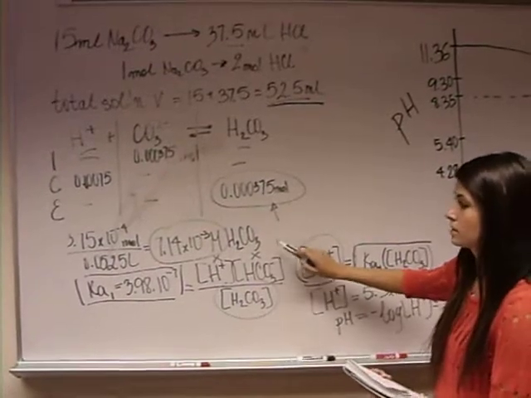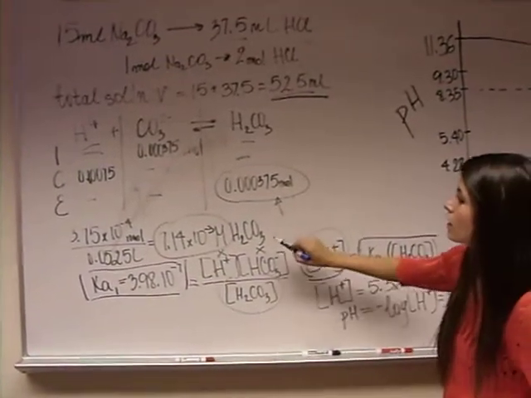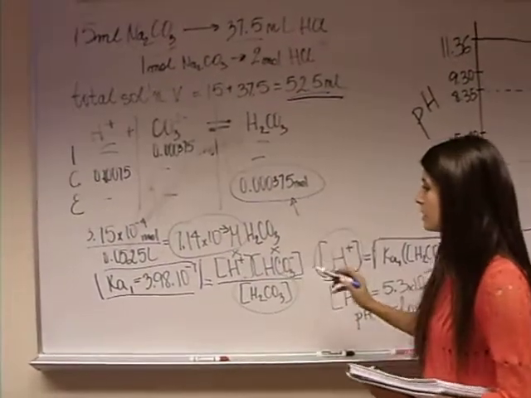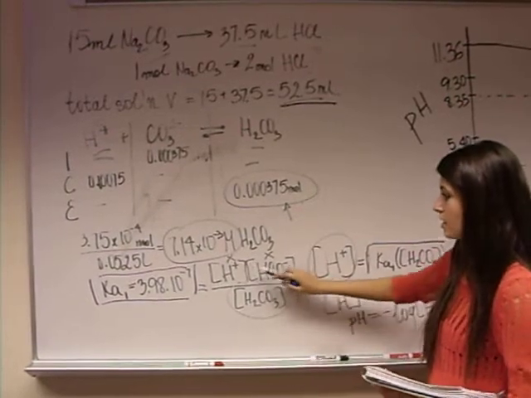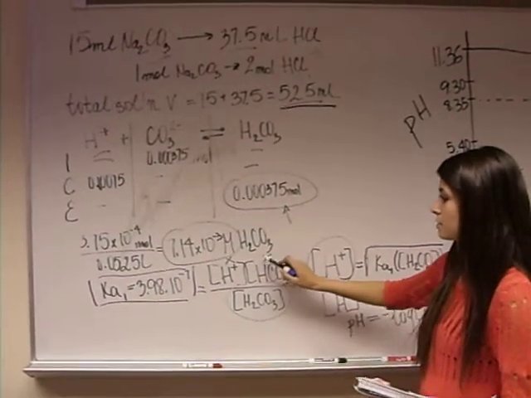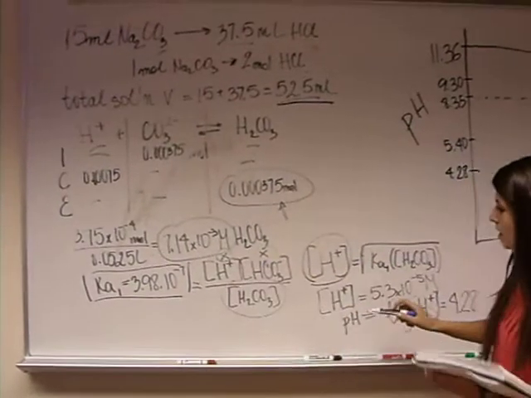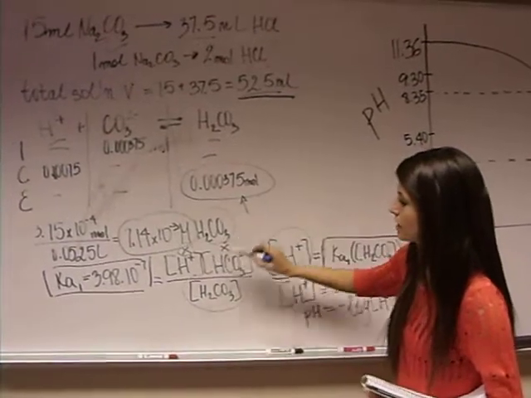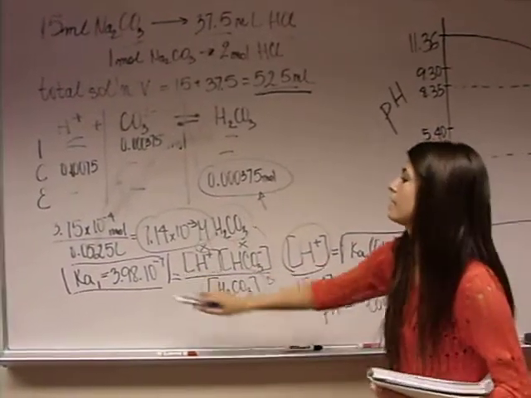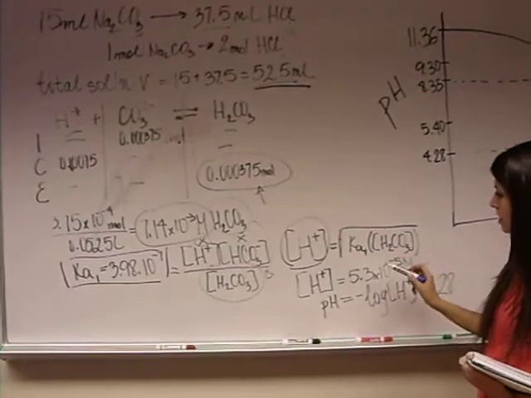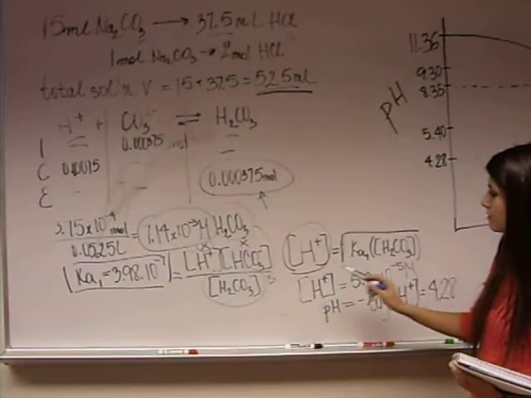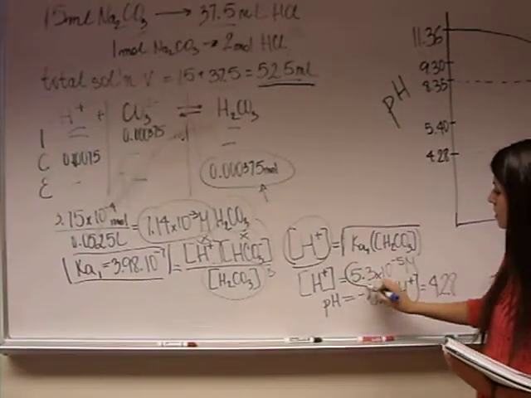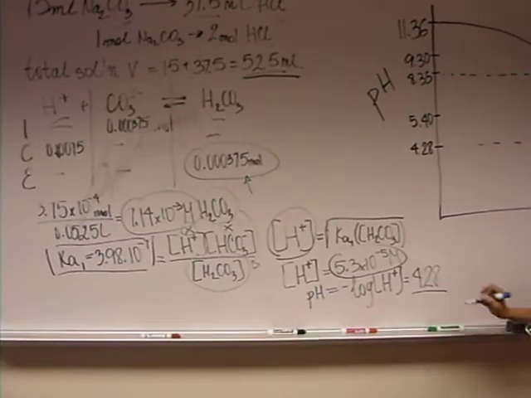Since at this point we think that all our sodium carbonate, the carbonate ion, would be used up, then the hydrogen ion concentration and this concentration would be the same, so they will be X. And then we just plug in the concentration we found up here for carbonic acid and the Ka value, and we find the H concentration by the square root of this concentration times the Ka. And from the log of this concentration, we find the last pH value.